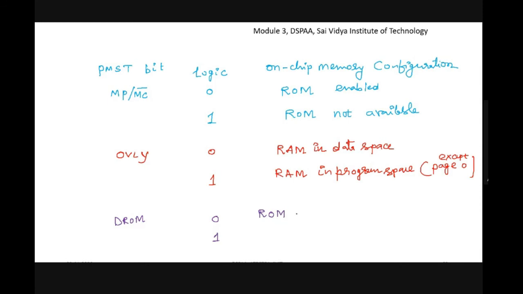When the DROM bit is equal to 0, it means ROM is not in data space, whereas when the DROM bit is equal to 1, it means ROM is in data space. We'll analyze this bit again with respect to the diagram.